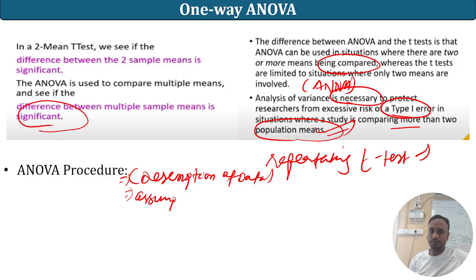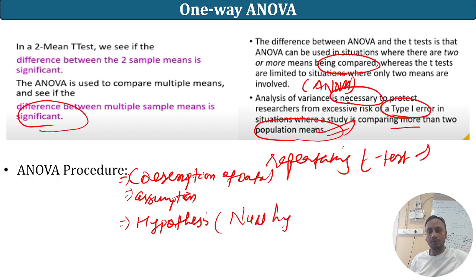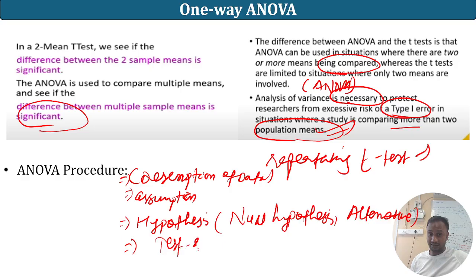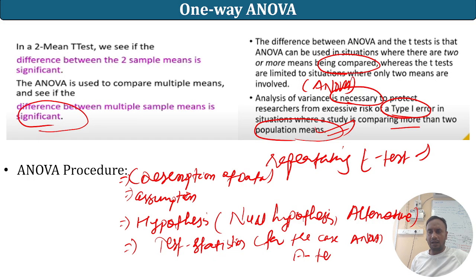Then we set the hypotheses: null hypothesis, then alternate hypothesis. Then we go with the test statistic. In the case of ANOVA, we go with the F test, the F statistic actually.